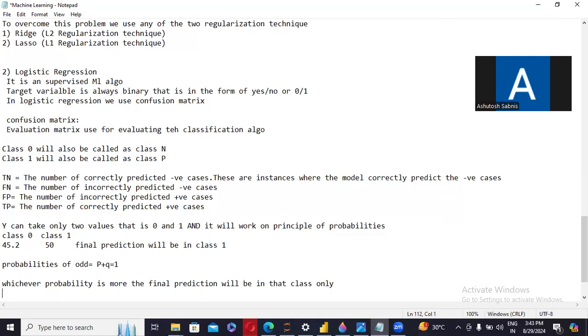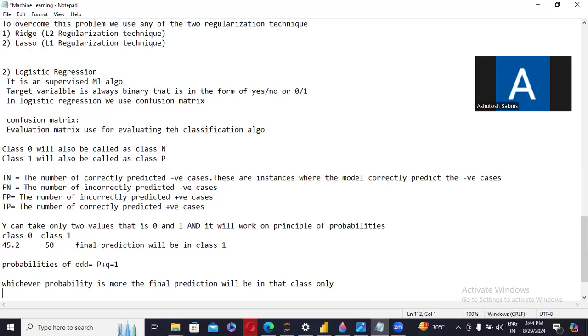So the S curve or sigmoid curve we are using to see the probabilities, that is, in which class the probability will be. If the value is smaller than 0.5, then it will be in class 0. If it is greater than 0.5, it will be in class 1.